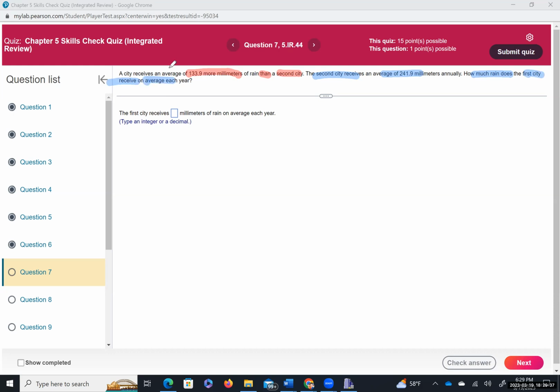You can see that because of this word, more than, it's the second one. So you're going to say the first city receives 133.9, adding the average of the second one, 241.9.